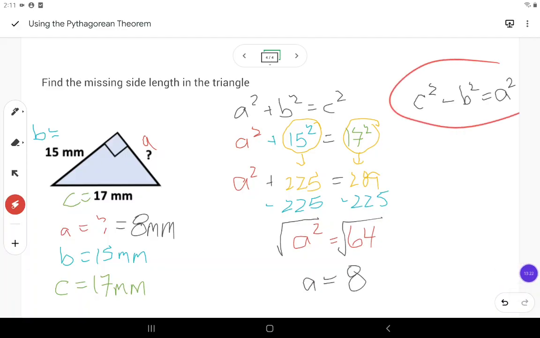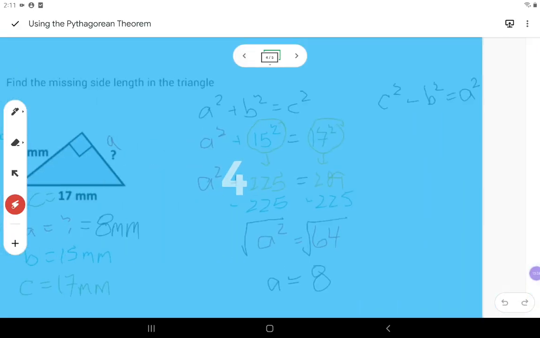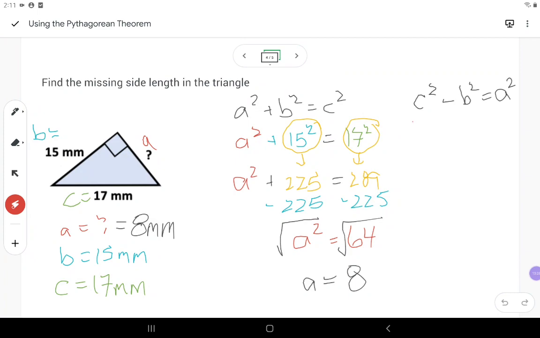Okay, it would still work out just fine because I'd go 17 squared and that would be 289. And then I would go 15 squared and that would be 225. And 289 minus 225 is equal to 64, and 64 is now a squared, and then when we take the square root, we get 8 is equal to a. We still get the same thing, so if it's easier for you to work with that formula, by all means, feel free to use it.